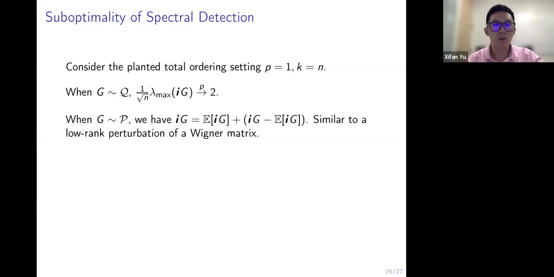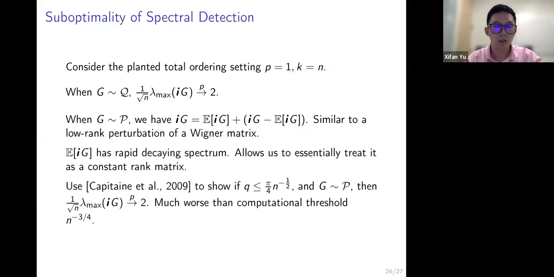And when G is drawn from the planted distribution, again, we consider the same decomposition of I times G into a deterministic part and a random part. And this is similar to a low rank perturbation of a Wigner matrix, except that the deterministic part, the expectation of I times G, is actually full rank, but it has a rapidly decaying spectrum, and this allows us to essentially treat it as a constant rank matrix.